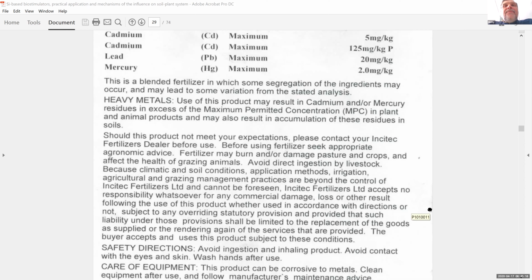And the chemical companies said, okay, we informed the farmers that this fertilizer has heavy metals. Consequently, the farmers know that they applied heavy metals. This is how chemical companies protect themselves against any courts, against any action against them from environmental organizations.